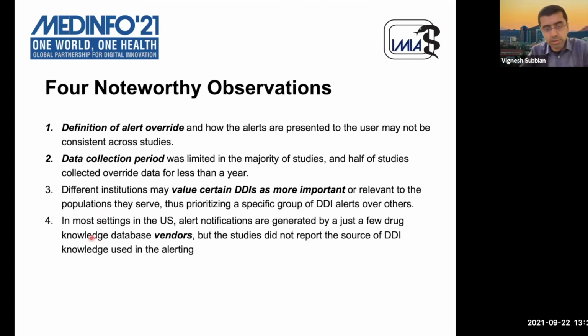And then fourth, in most US settings, the alert notifications are generated by just a very few drug knowledge database vendors. But the studies did not report the source of the DDI knowledge used in the alerting, which is a limitation. So keeping these four observations in mind is critical for designing future studies related to clinical decision support monitoring.